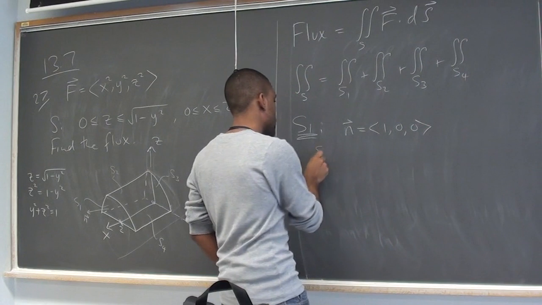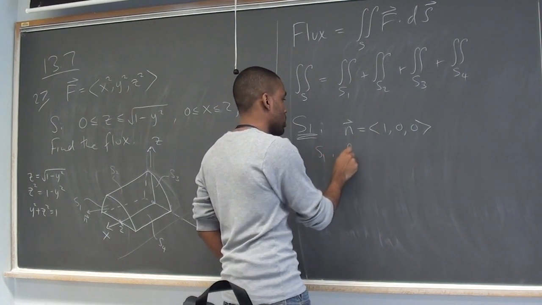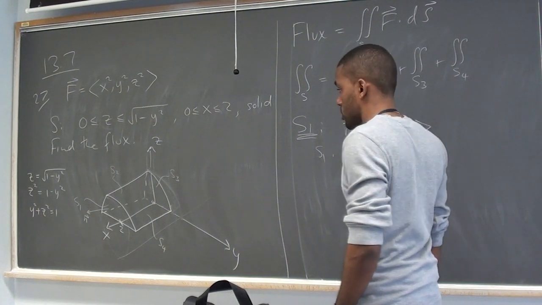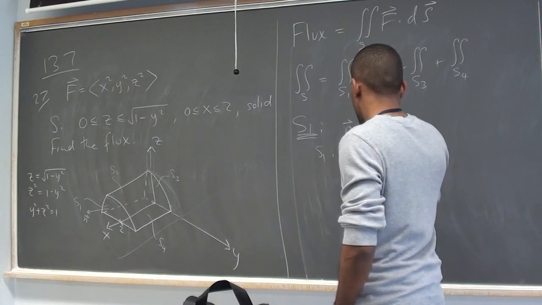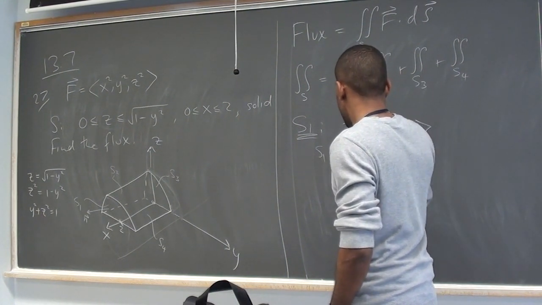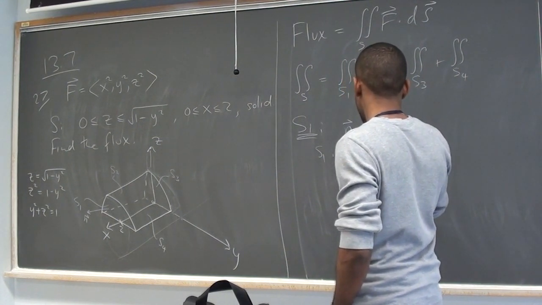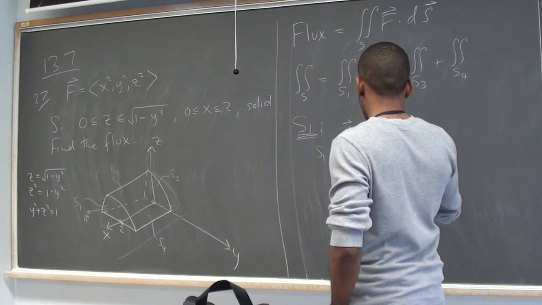That's because you're thinking of S1 as a function of y and z basically. It's x equals 2, a constant plane. So you take that to be f of y and z.